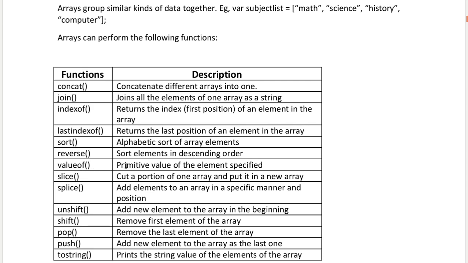Values, primitive value of the element specified. Slice, cut a portion of one array and put it in a new array. Splice, add elements to an array in a specific manner and position.